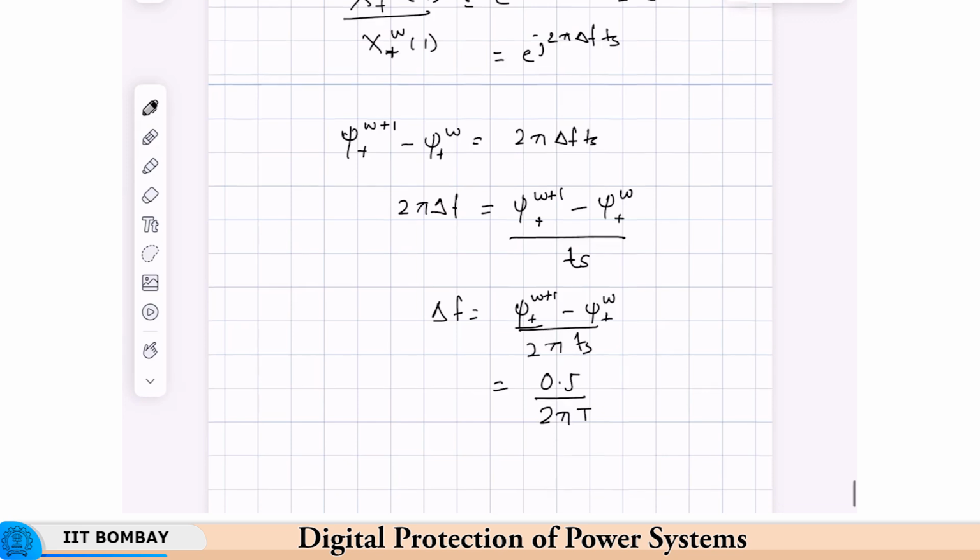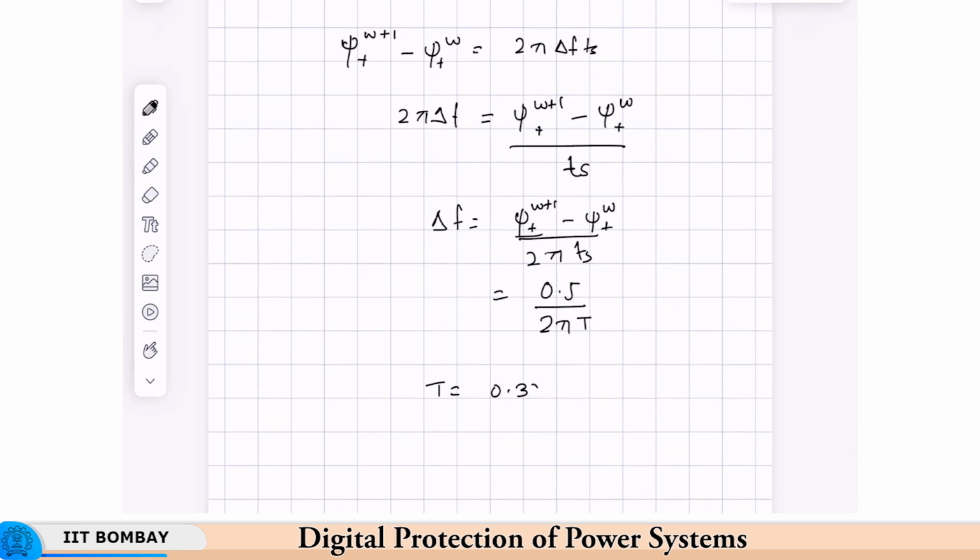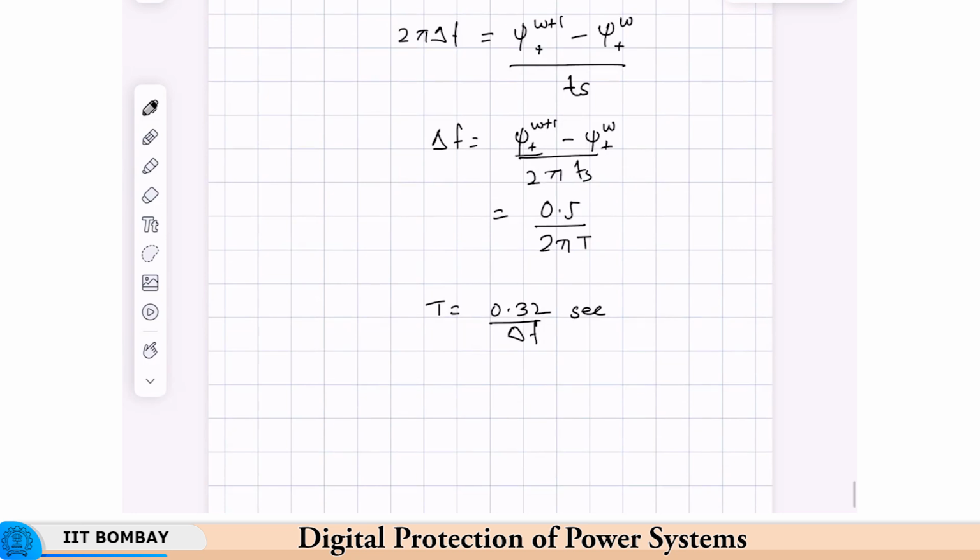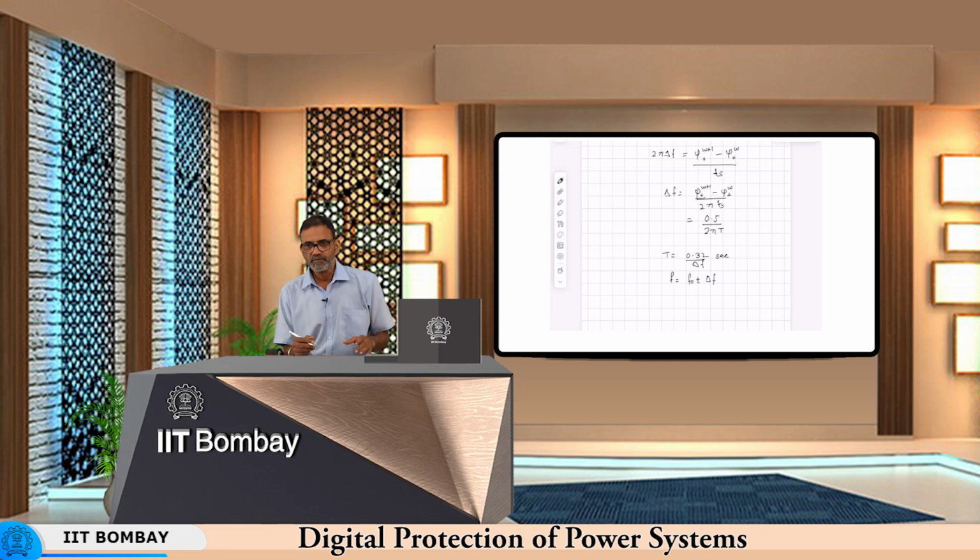Okay, and depending upon whether the rotation is clockwise or anti-clockwise, you will get f naught plus minus delta f. Depending on the sign of this, you will get f is equal to f naught plus minus delta f. So whether the frequency is higher than your nominal frequency or not will depend on the sign of delta f. So this is how we calculate system frequency from DFT leakage.